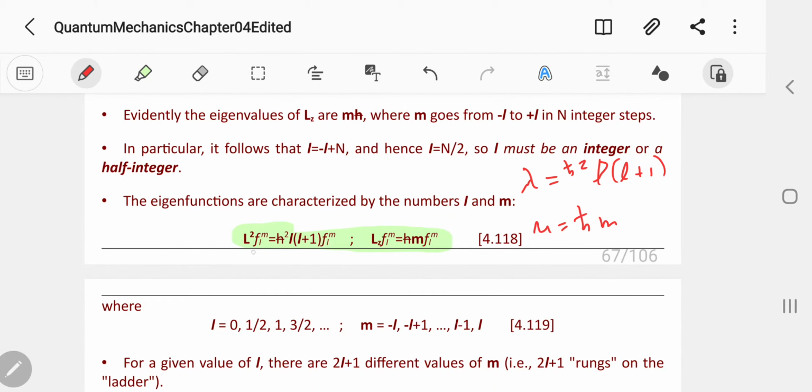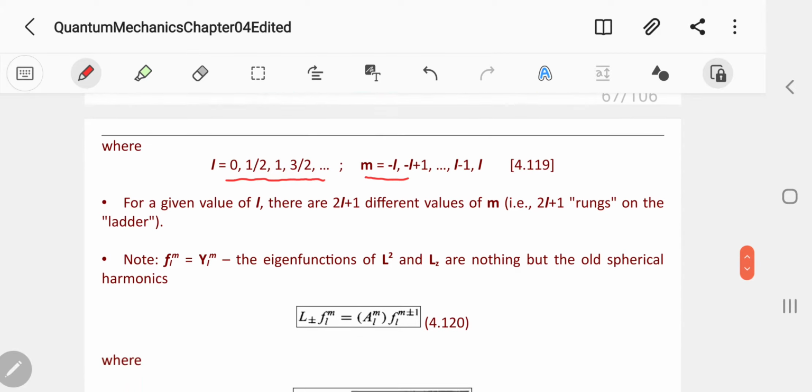And of course your f_lm are just the usual spherical harmonics that we had in the study of the hydrogen atom. So L can be 0, 1/2, 1, 3/2, and so on. And of course, m will just go from negative L, negative L plus 1, until L minus 1 to L. So f_lm is just Y_lm, the old spherical harmonics.